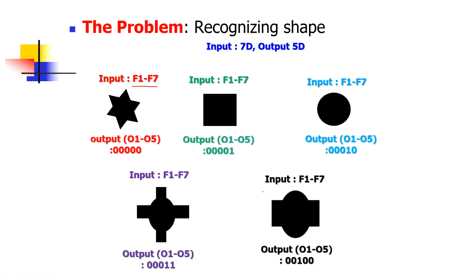Secondly, in terms of the output, let's say we put the 5 dimension output as the label. For instance, the star will be 0, 0, 0, 0, 0, and then square will be 0, 0, 0, 0, 1, circle 0, 0, 0, 1, 0, and so on. This is the set of our input and output labels.